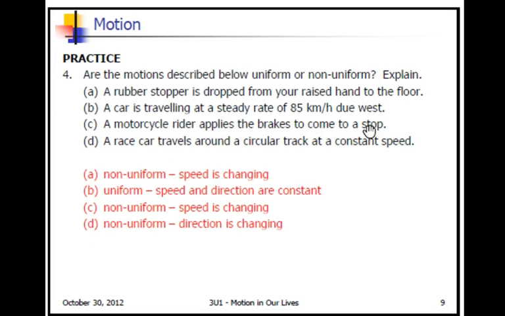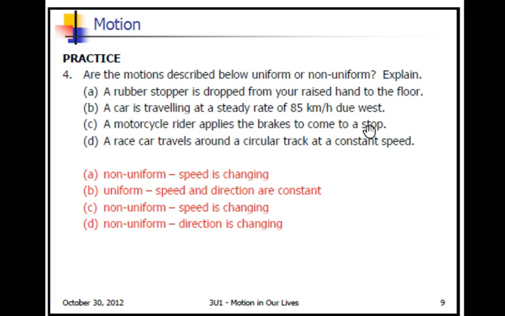So let's look and see if we can find some ideas of when we have uniform and non-uniform motion. First example here, it says a rubber stopper is dropped from your raised hand to the floor. So if something's falling under the influence of the Earth's gravitational field, it will speed up.